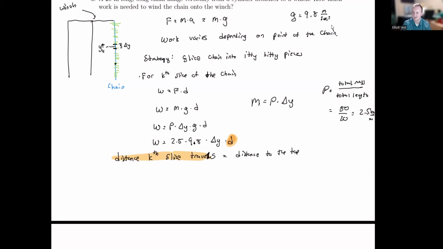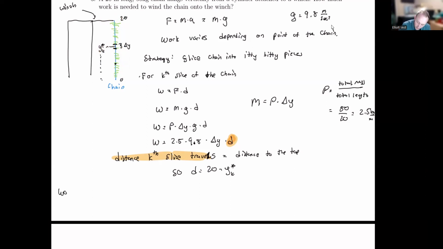That's the standard notation I see. You don't have to think too much about the notation, just think we're choosing a representative point here. If this is 0 meters at the bottom and 20 meters at the top, the distance to take this slice to the top is 20 minus this representative distance. So d is equal to 20 minus whatever that representative point's distance was.